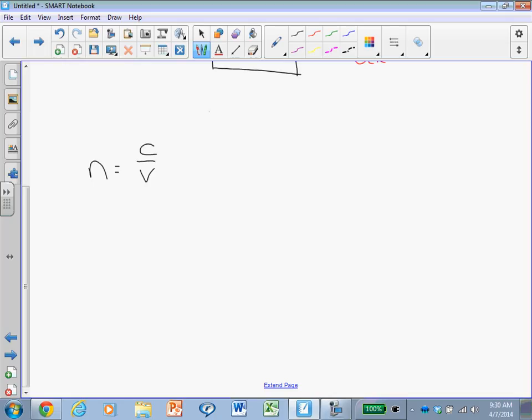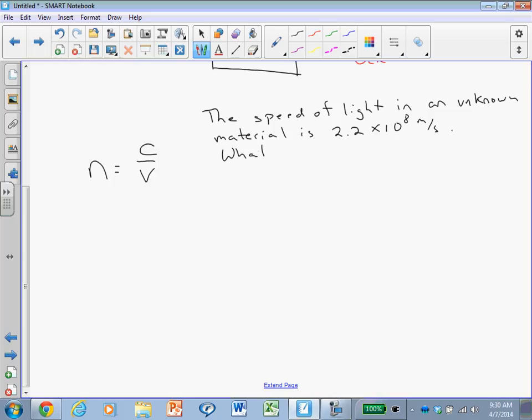The problem is: the speed of light in an unknown material is 2.2 times 10 to the 8 meters per second. What is the index of refraction for the material?